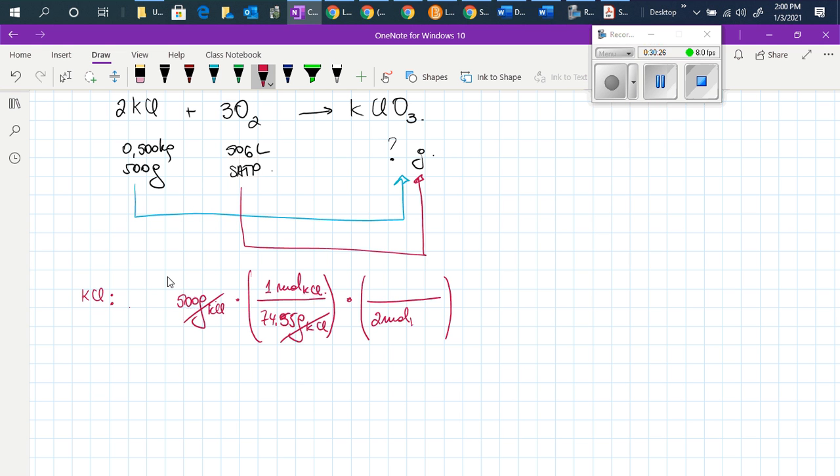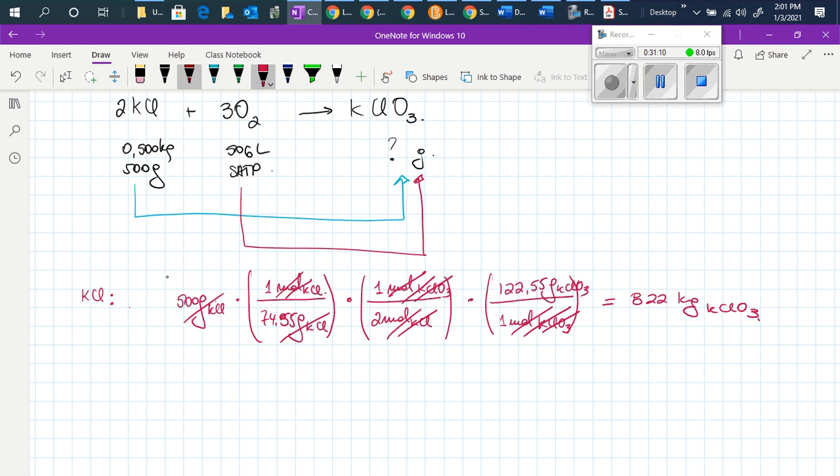So 2 moles of KCl will be 1 mole of KClO3. Moles of KCl cancel out, and then we have the molar mass of KClO3. 1 mole of KClO3 is 122.55 grams of KClO3. Moles of KClO3 cancel out, and you will have 822 kilograms of KClO3.